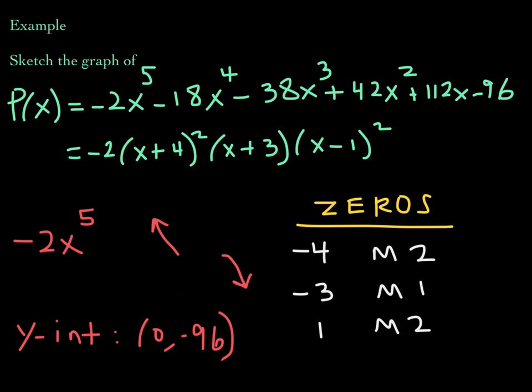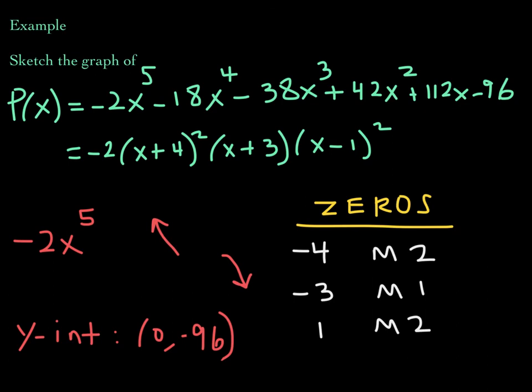Now, what we must remember is that whenever a zero has even multiplicity, like negative 4 and 1, that even multiplicity implies these are touch points or bounce points on the graph of our function. In other words, the graph will not cross the x-axis at negative 4 and 1. It'll just touch it.